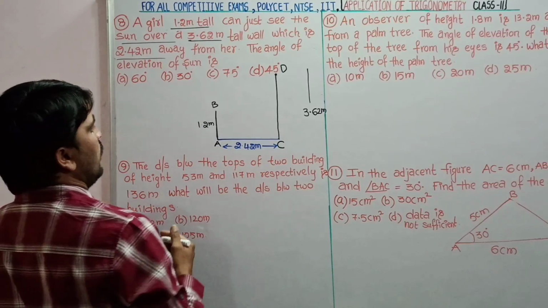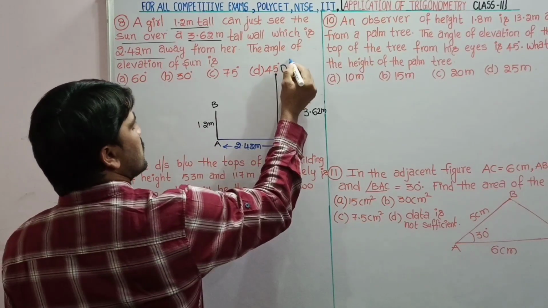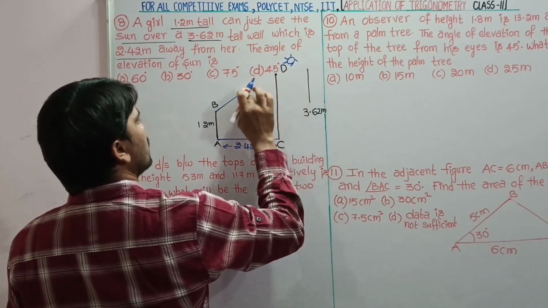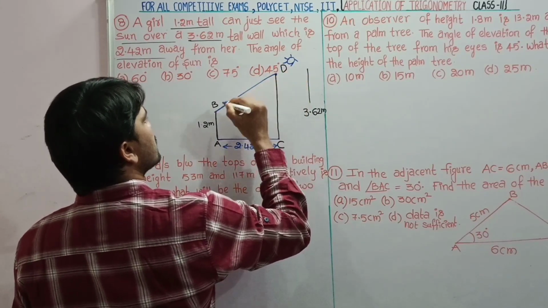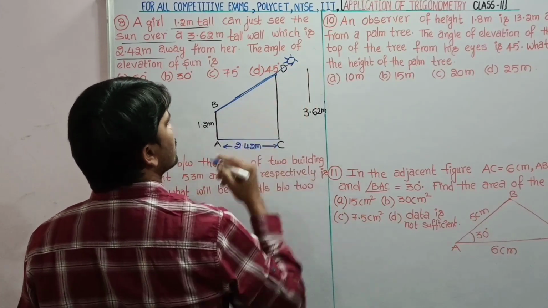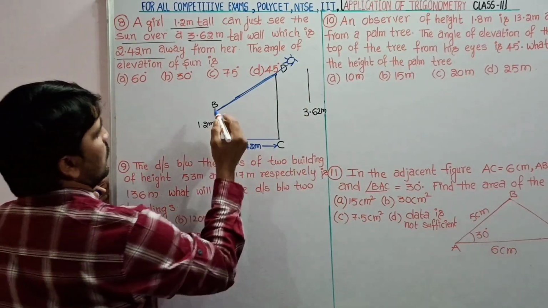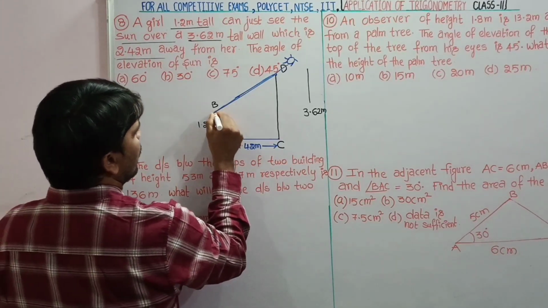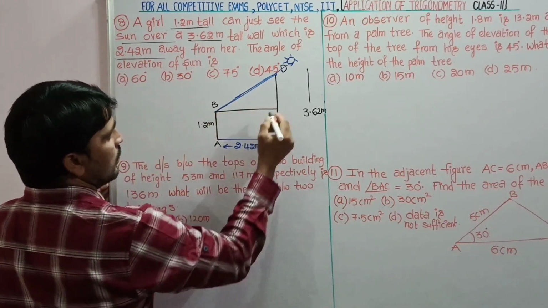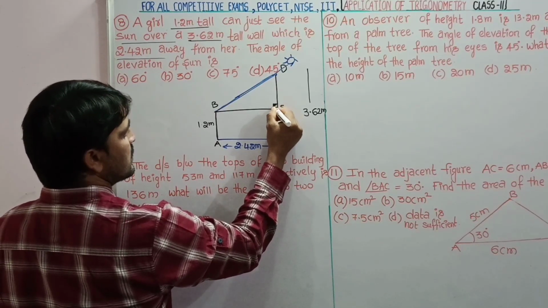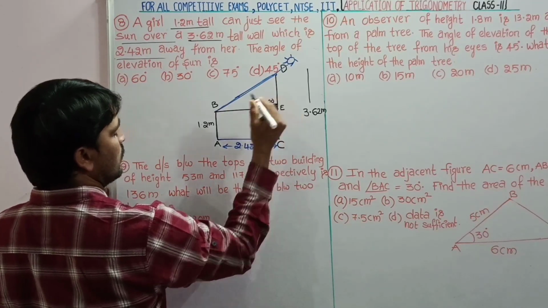The girl observes the sun ray just over this wall. She observes the sun, and draw a perpendicular line through B on CD. Let us suppose this point is E. Perpendicular means it is 90 degrees.